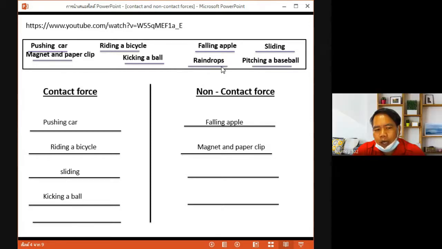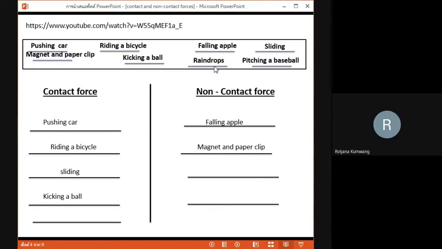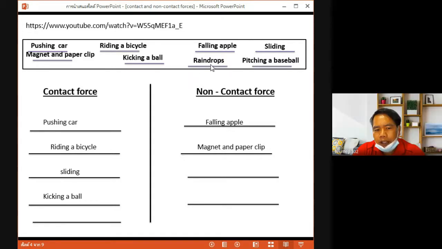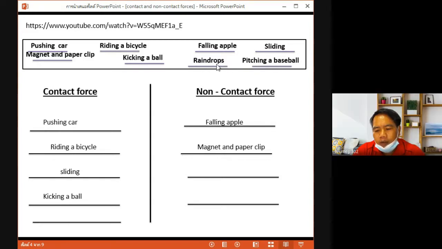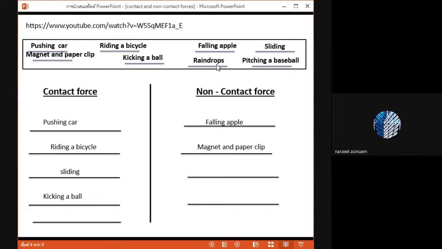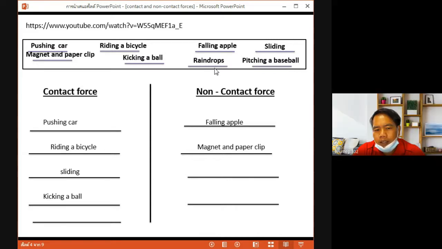Raindrops. Is it an example of contact force or non-contact force? Gundam, again, please.